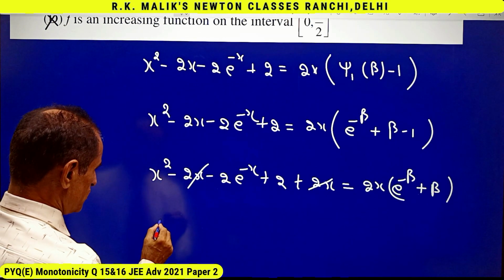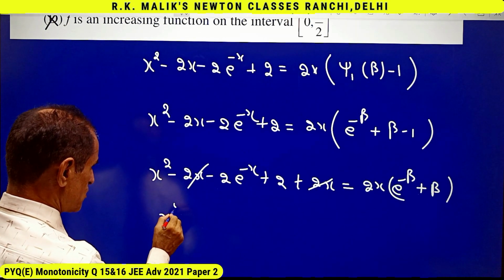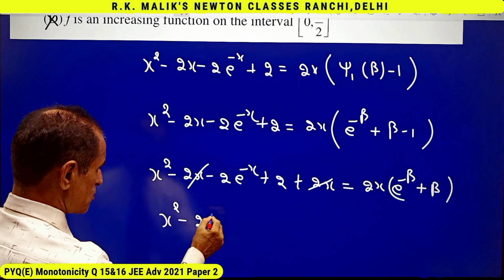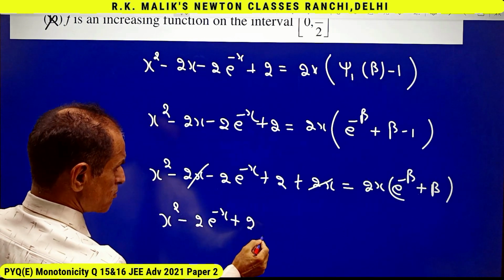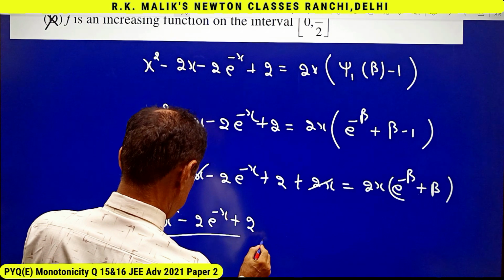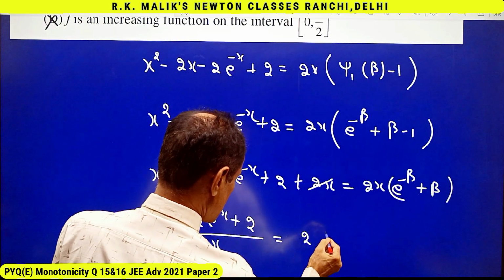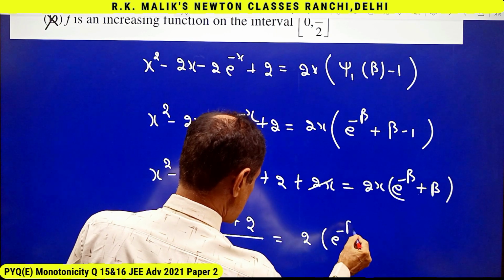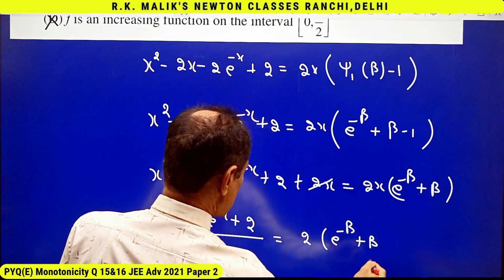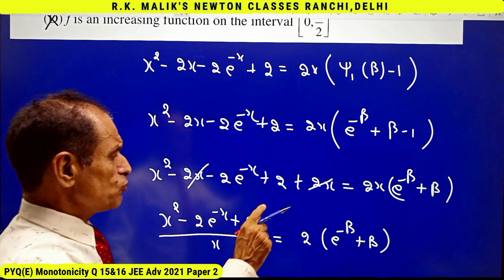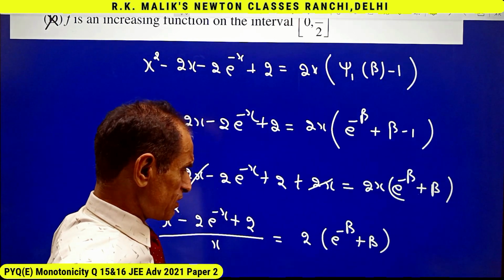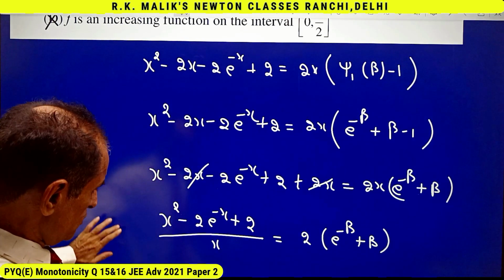That is, I have to check this is true for at least one value of beta in the interval 0 to x is true or not.